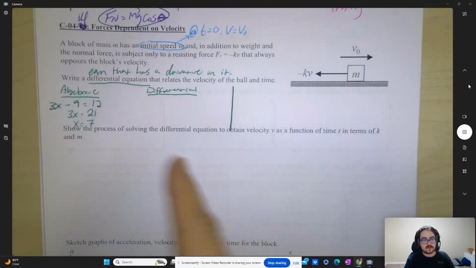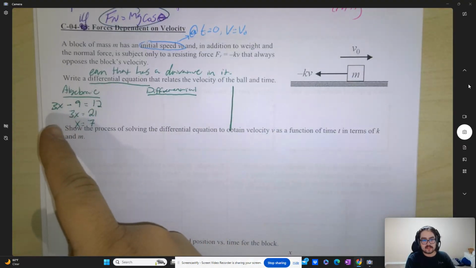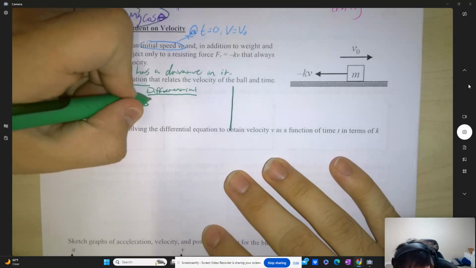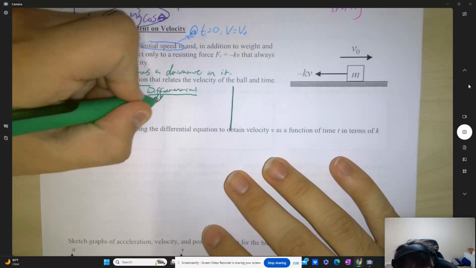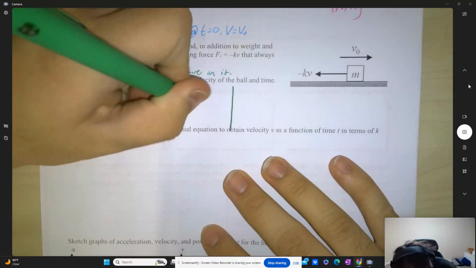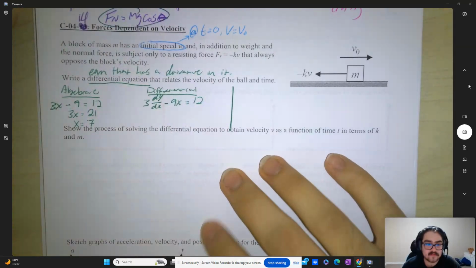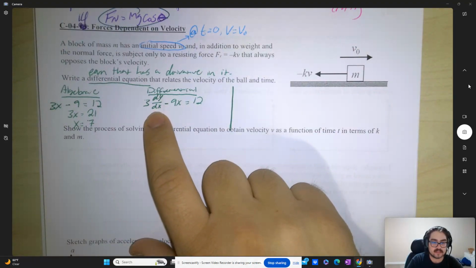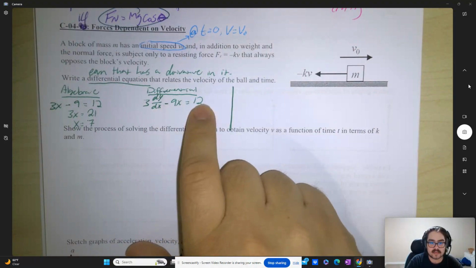A differential equation might look very similar to this, but it has to have a derivative in it, and that would be something like 3 dy over dx, okay, minus 9x equals 12. And then if you solve for dy over dx, okay, that's what we're trying to get this in terms of, you would subtract the 9x from both sides.